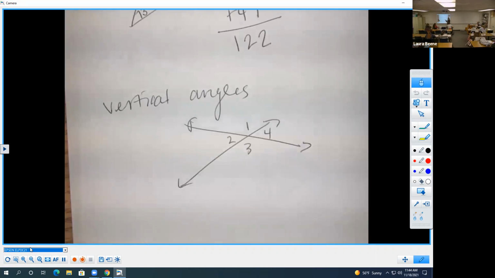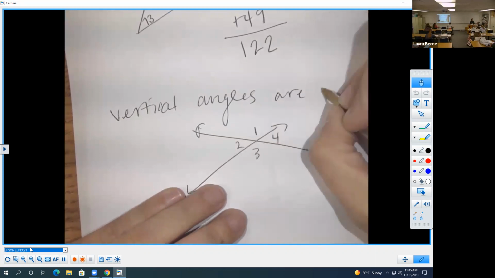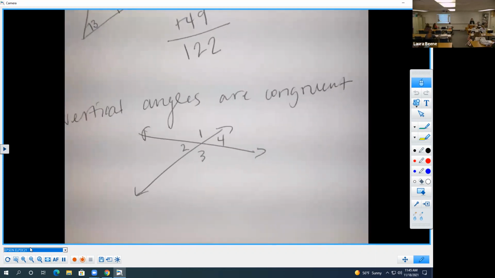It's very obvious that they're congruent, right? They have the same measure. What's the other set of vertical angles? 2 and 4. Okay, so angles across from each other on intersecting lines are congruent, the same measure. Cool.